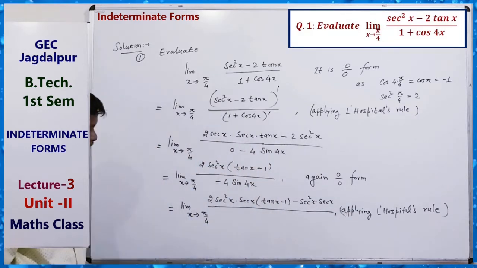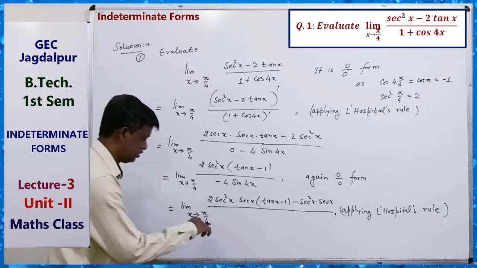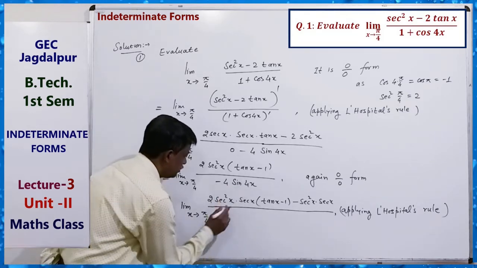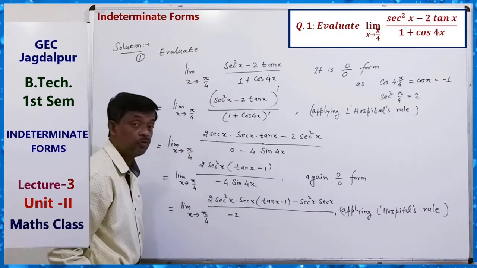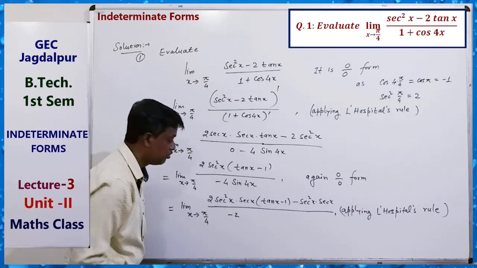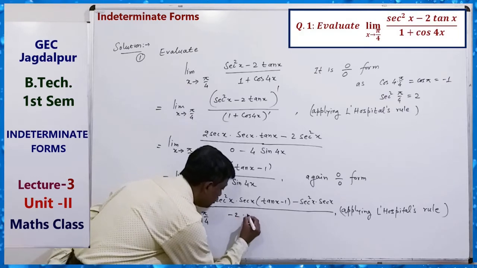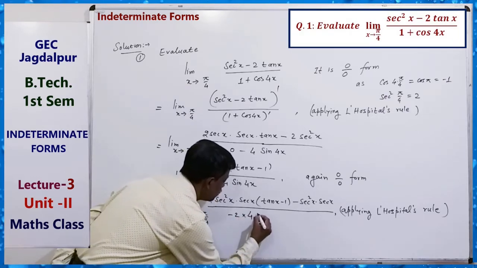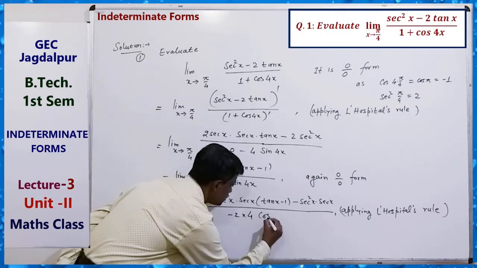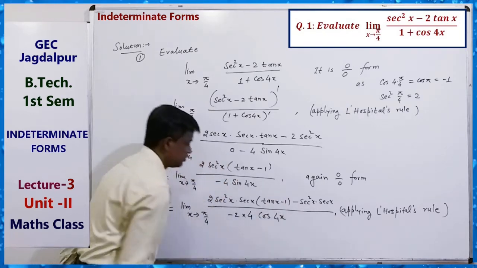Upon here 2, so minus 2 sin 4x differentiation into 4 cos 4x.